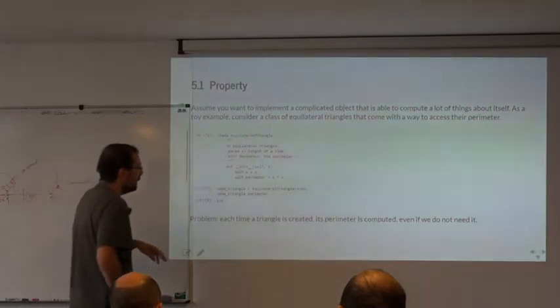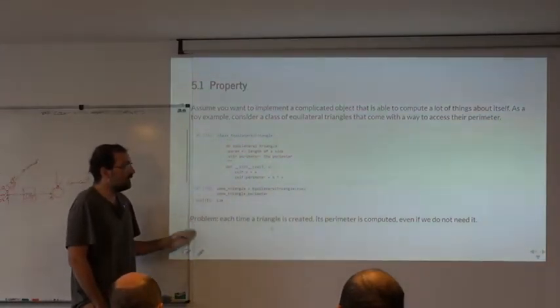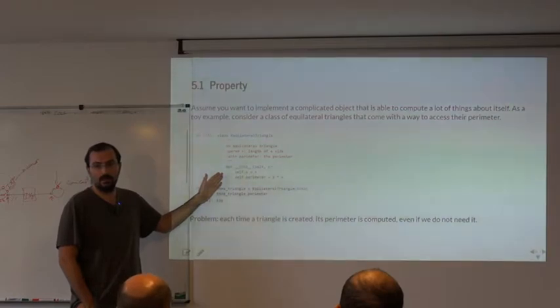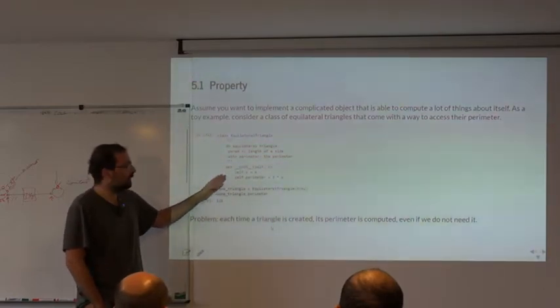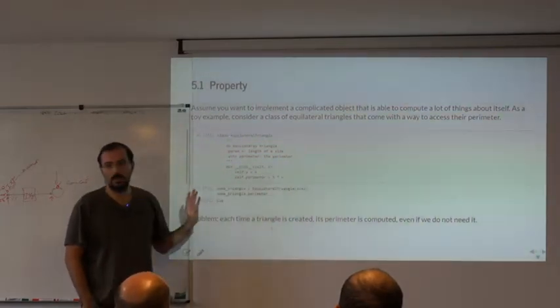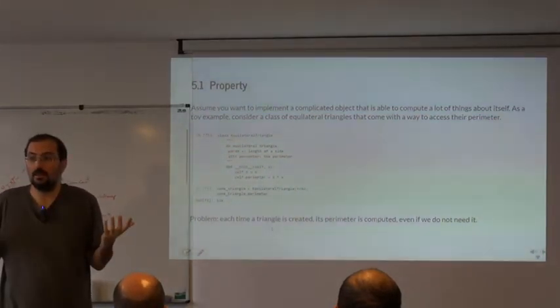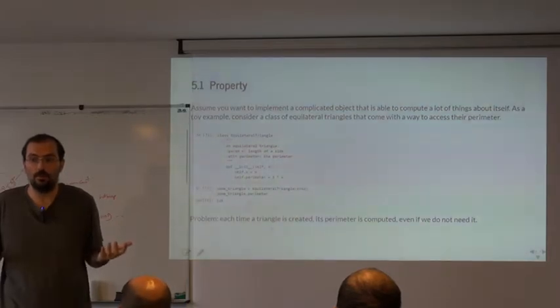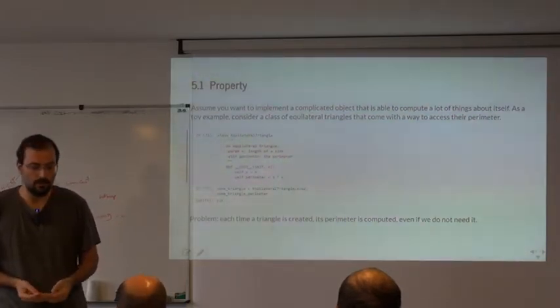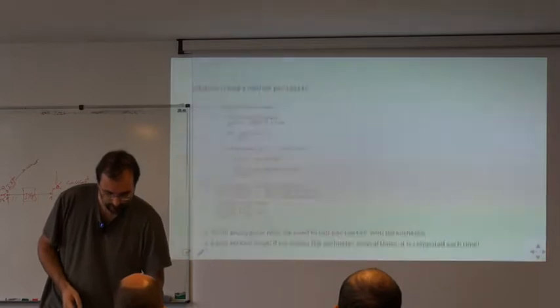The problem is that each time you create an equilateral triangle, you will do this computation at the initialization, and even if it's an occasion where you don't need the perimeter, this costly computation will be done. So you don't want to do that.